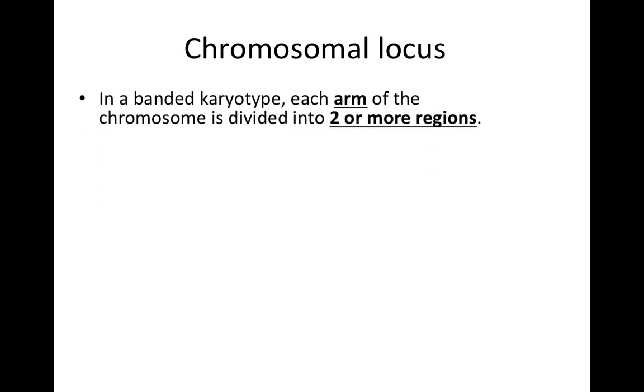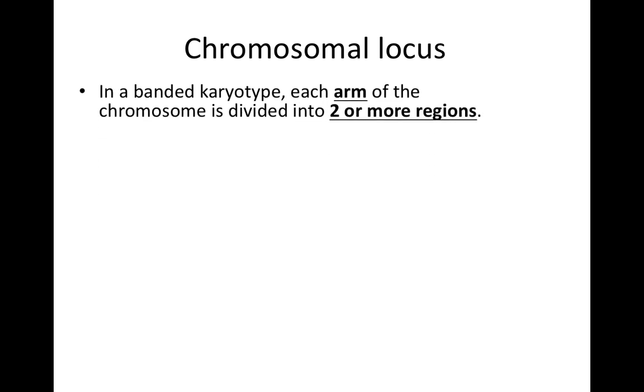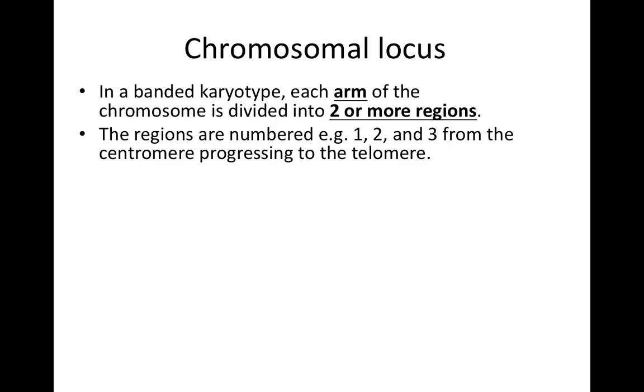How can we describe a chromosomal locus? Using a banded karyotype, the G-banded karyotype, which is the standard preparation of the karyotype, as we described in part 1 of this practical class, each arm of the chromosome is divided into regions, which may be 2 or more, and the regions are divided into bands.